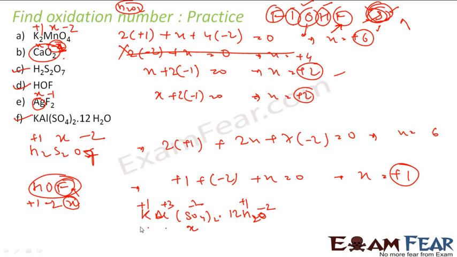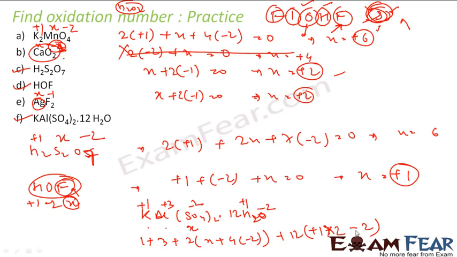So let's do this. Potassium 1, aluminum 3, plus twice of sulfur, 2X, plus 4 into oxygen, that is 4 into minus 2, whole twice because it's twice, plus 12 into hydrogen is plus 1, and into 2 because there are 2 hydrogen atoms, minus 2.